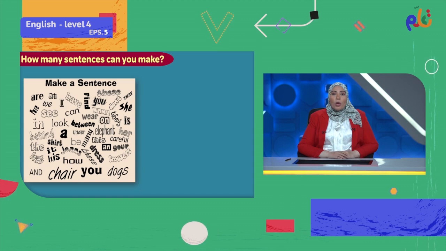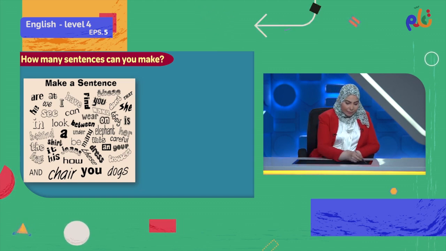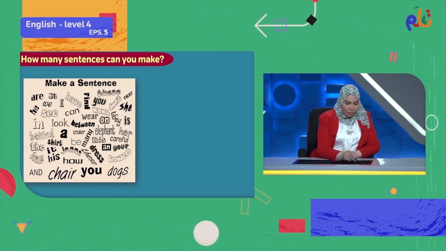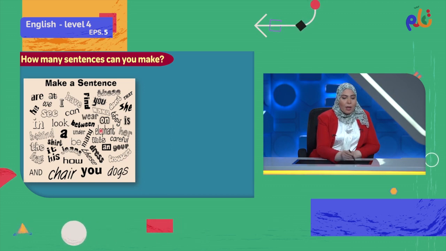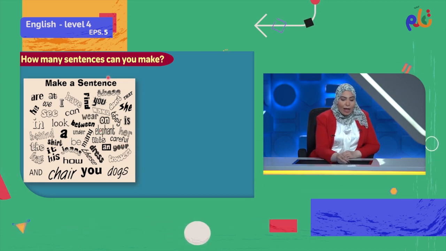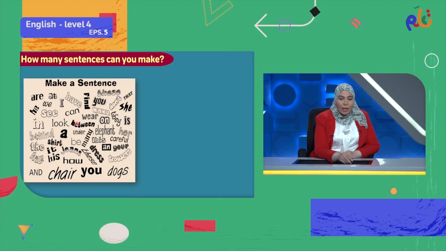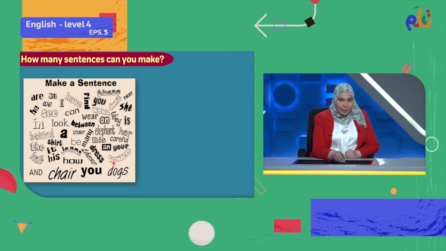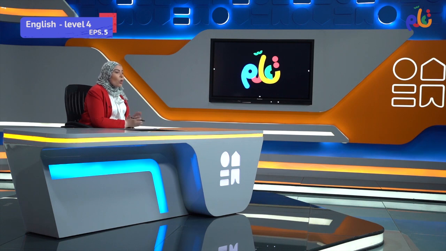The brain teaser that we have today is making sentences. We have lots of words here and we're supposed to make sentences out of these words. The important thing is we cannot use anything outside these words.